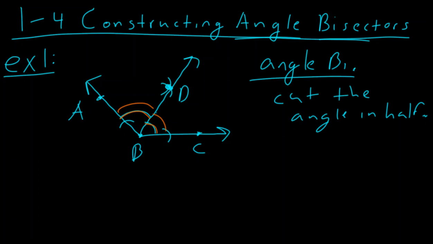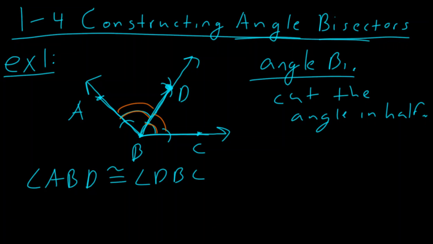Okay, so let's kind of talk it out. If we were to say, hey, from A to B to D is half, well then that means that D to B to C is also half. And of course we know that half is equal to half. So we have angle ABD is congruent to angle DBC.